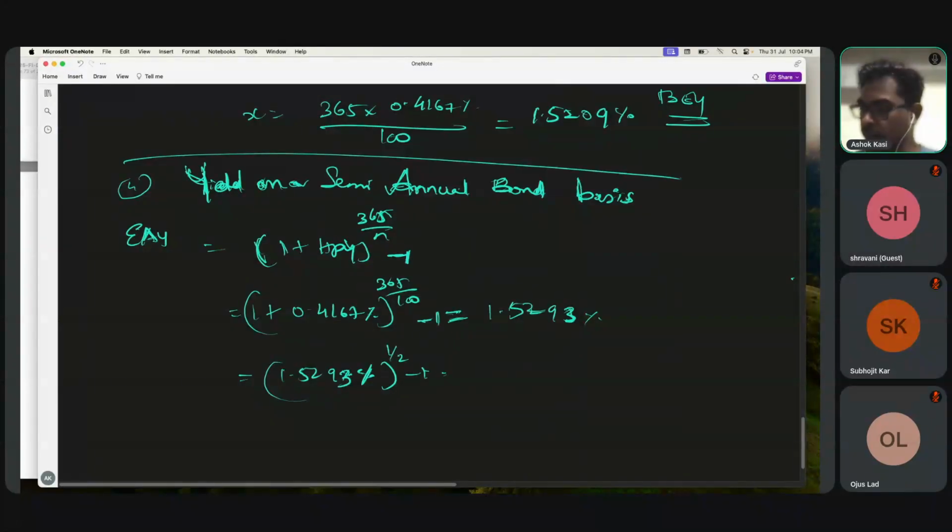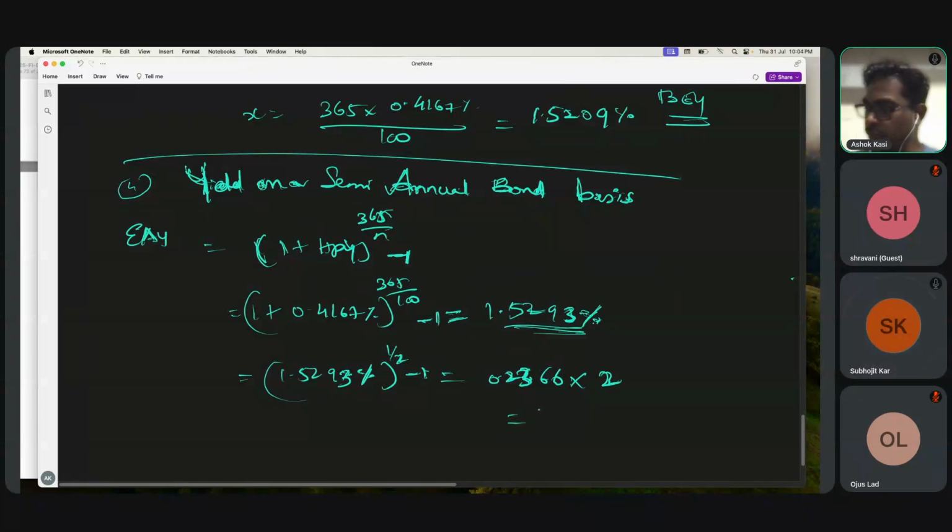That means you're taking half, as in compounding. Not multiplied by 100, this is percentage only. So it is 0.2366. Now multiply by 2. Tell me the number.